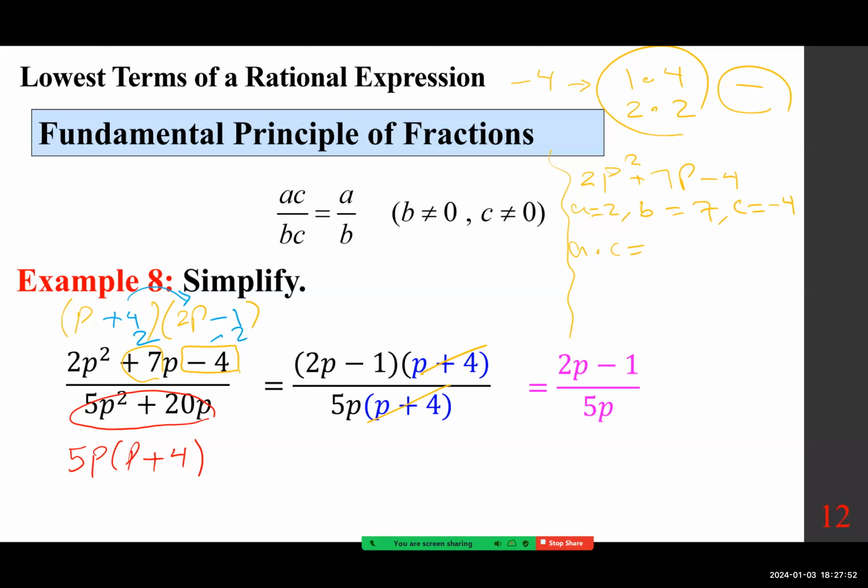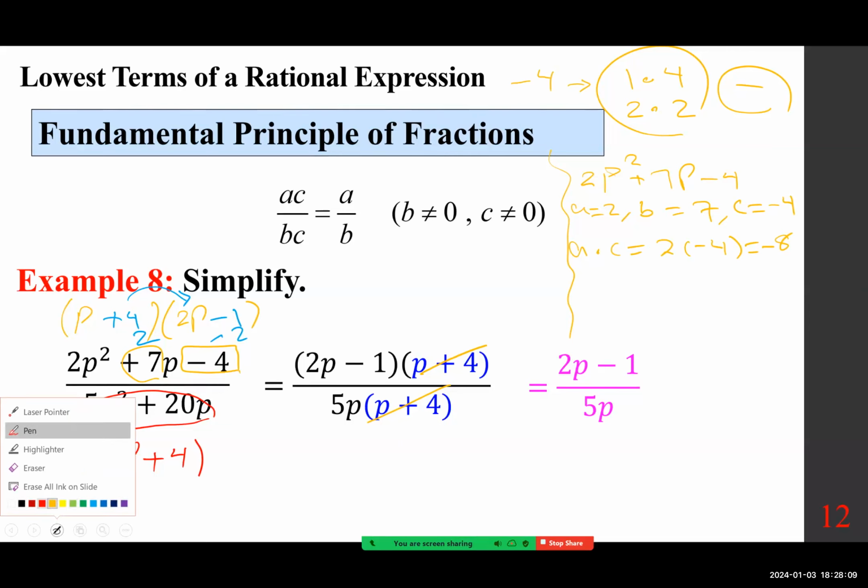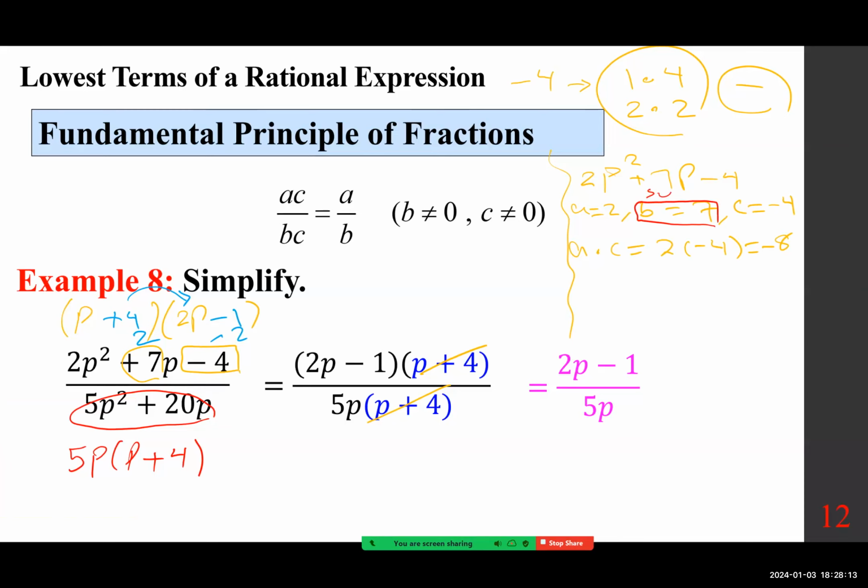A times c is 2 times negative 4, which is minus 8. So we want two numbers. The product is AC and the sum is B. So we want the sum to be B.